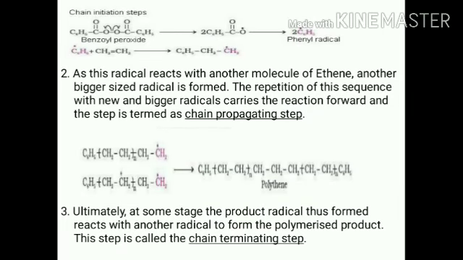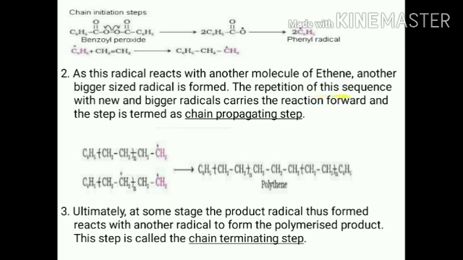In chain propagation, these free radicals combine with further ethene molecules, so many combine together and form a polymer called polythene. It is called polythene because ethene molecules combine together. As a free radical reacts with another ethene molecule, another bigger free radical is formed.